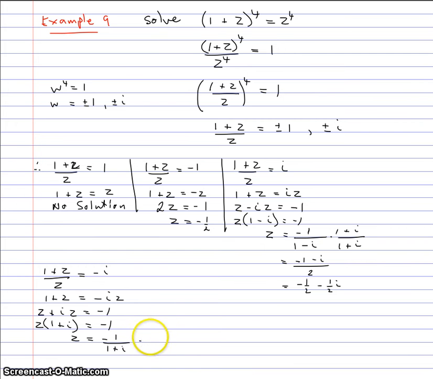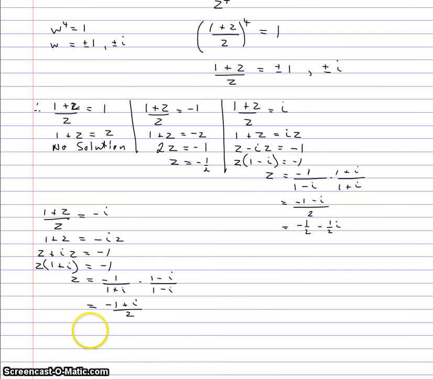Realise the denominator, so we multiply by 1 minus i over 1 minus i, and we end up with negative 1 plus i over 2. We could leave it like that, or we could put it like this.